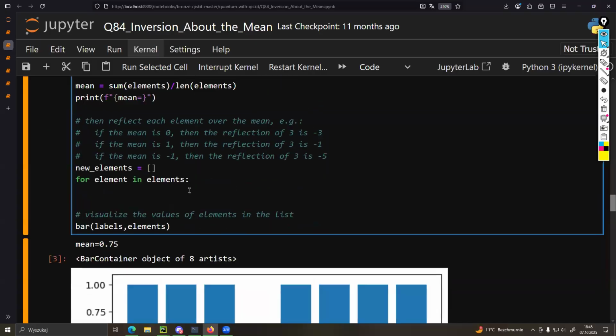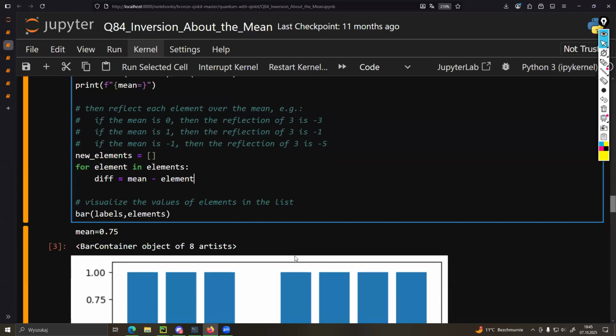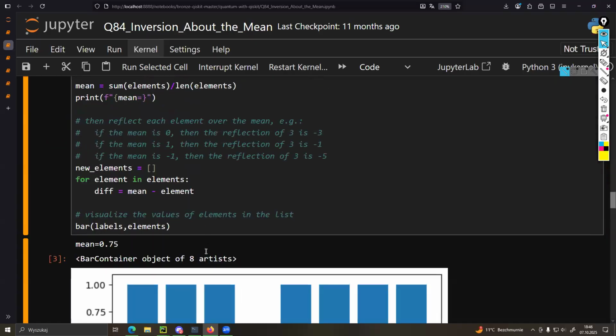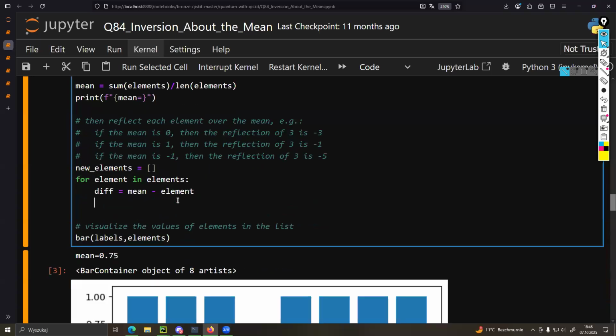So what we do here is we calculate the difference. So diff is my mean minus my current phase. So this would be the element, the weight of my outcome. Here it is 4. Okay, I have presented to you the case with 5, but it doesn't matter. We could actually select a 4. So this would be our diff.